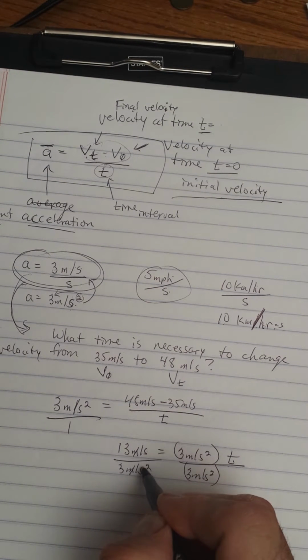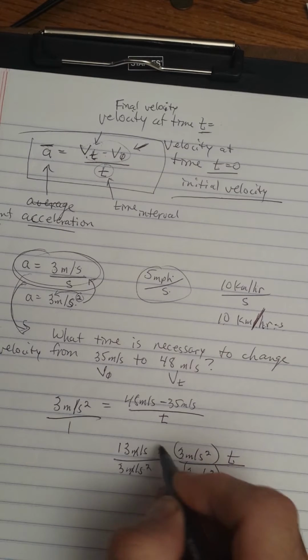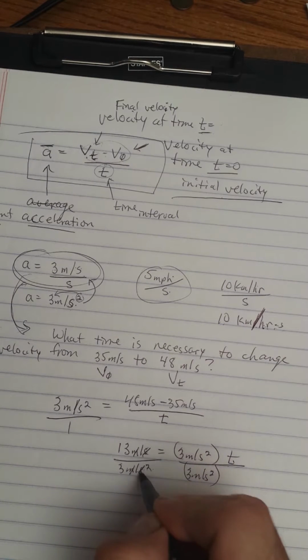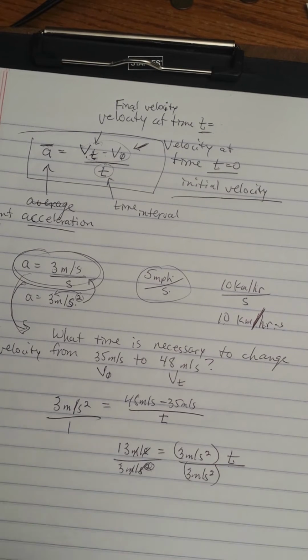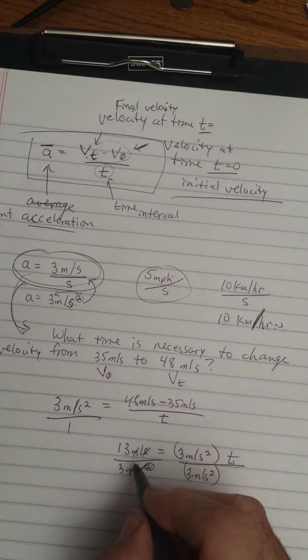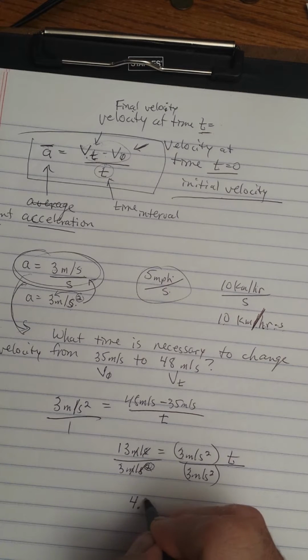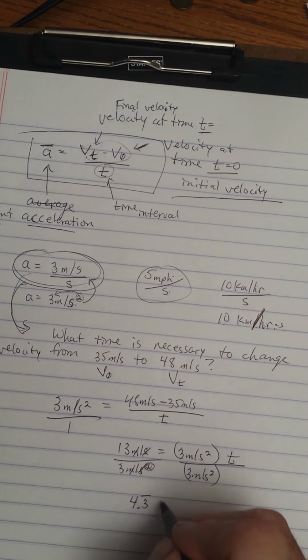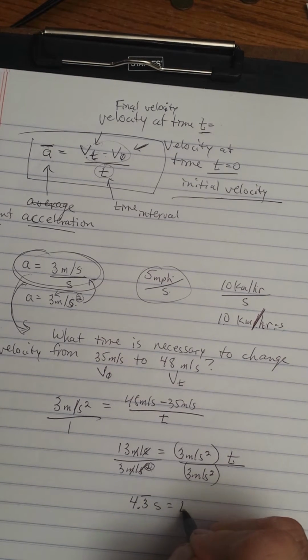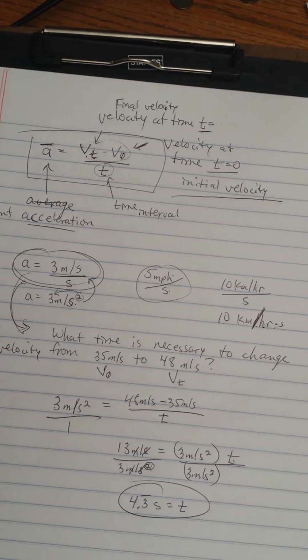This is per second, and this is per second per second. Right, so the per seconds are going to cancel out, and once again, this extra second factor, since it's on the bottom, is going to flip up to the top, and we are going to have 4.3 repeating, right? 4 1/3 seconds is the time.